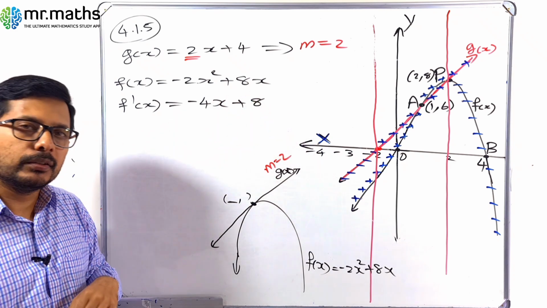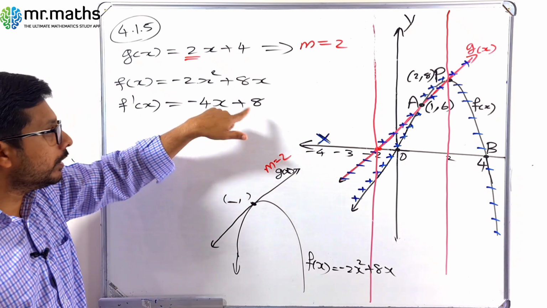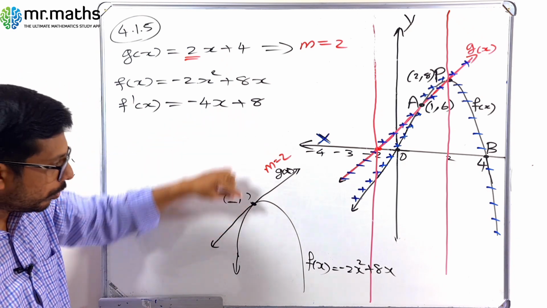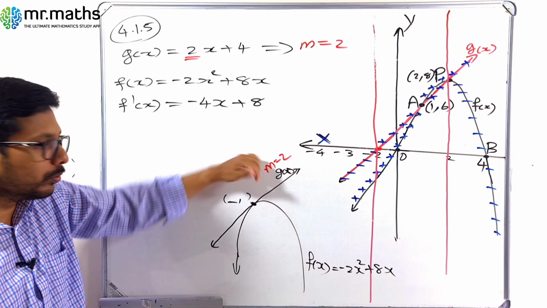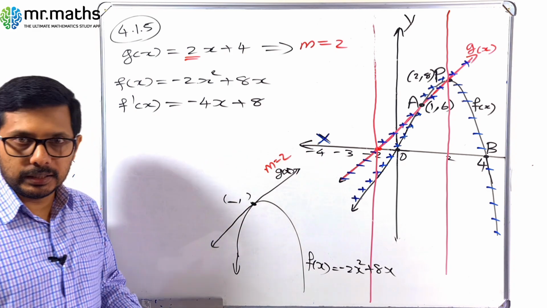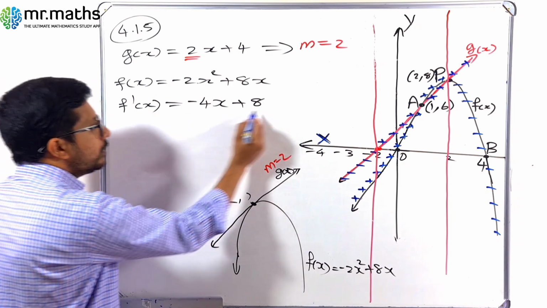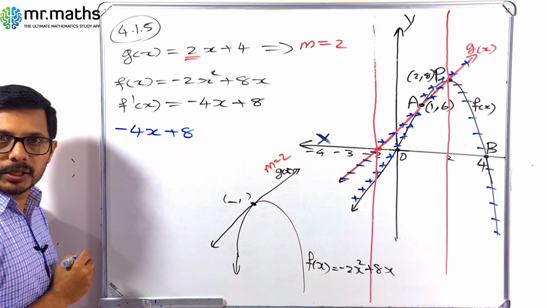Okay, and how can you find the gradient of this tangent? What you studied with this derivative is that you are supposed to substitute the x value of this point. Do you remember that one? That is how you can find the gradient. Our derivative is minus 4x plus 8.